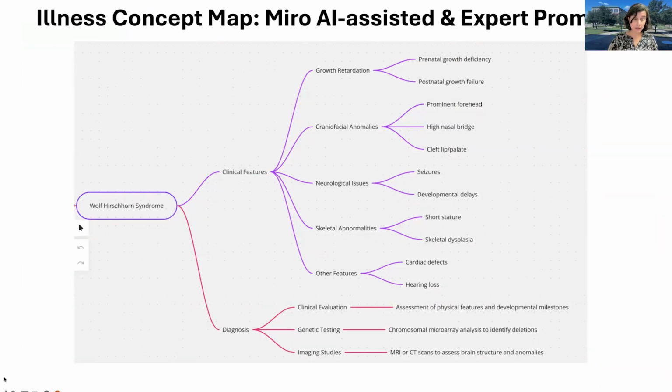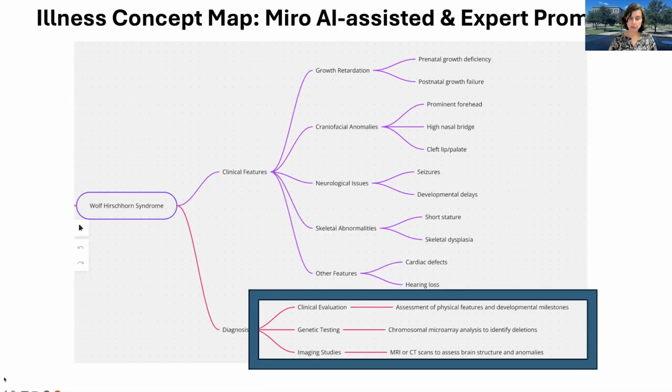For a student to start digging into this information, it's important to recognize the symptoms and the signs in their patients. So here, Miro, with careful prompting, was able to come up with the description of what a physician starts to look at.